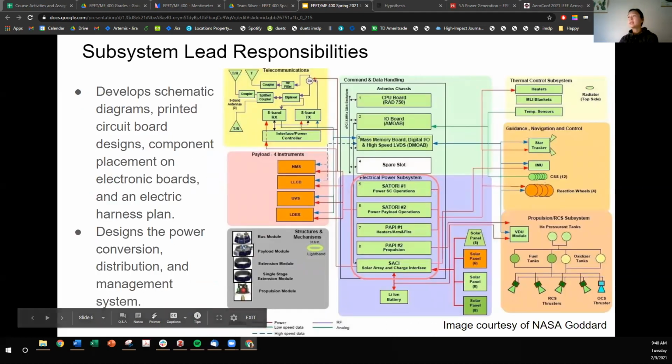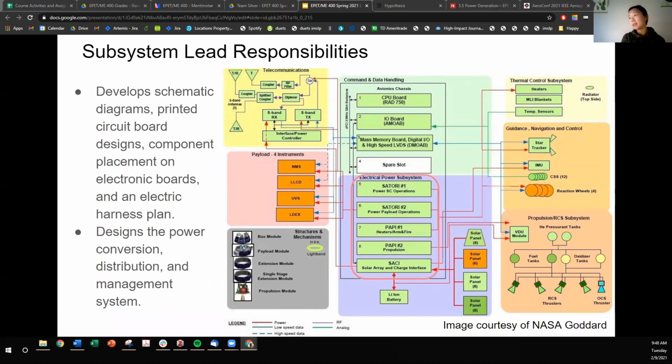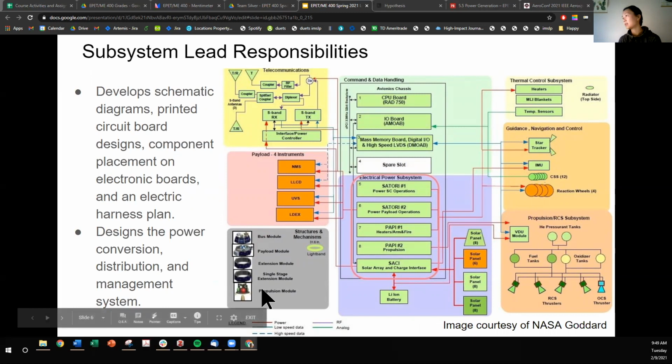The subsystem lead also has to develop schematic diagrams, printed circuit board designs, component placement on electric boards, and electric harness plan. And the subsystem lead also has to design the power conversion, distribution, and management system. So in this system diagram, you can see the different subsystems, and I'll just call out the electrical power system. You can see it is central to a lot of the different subsystems.